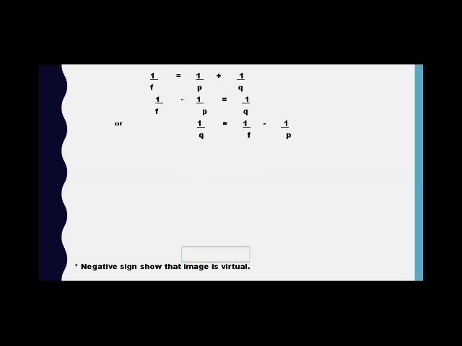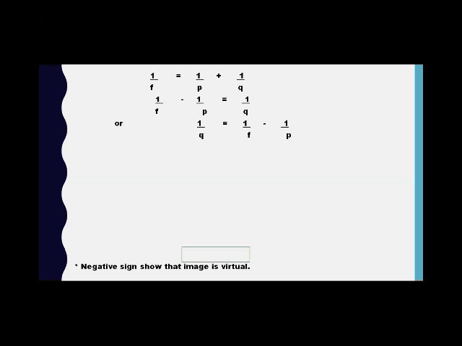After that, we will make the image distance the subject, and the image distance is represented by q. So 1 over q will be the subject by shifting 1 over p to the other side.